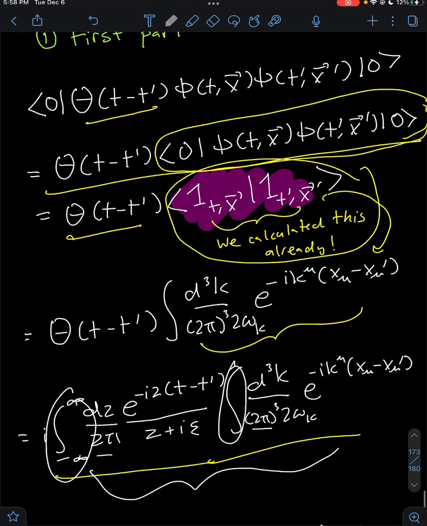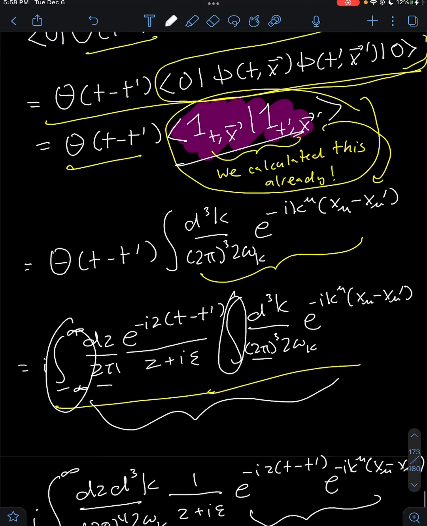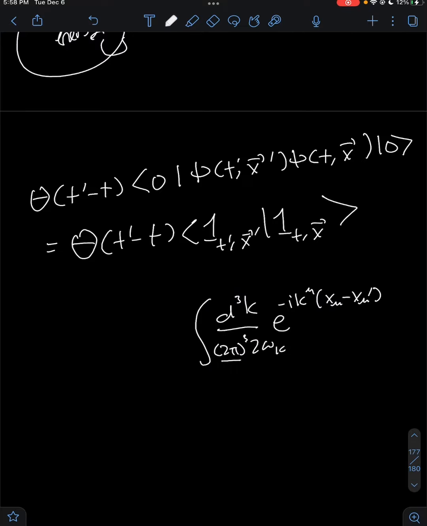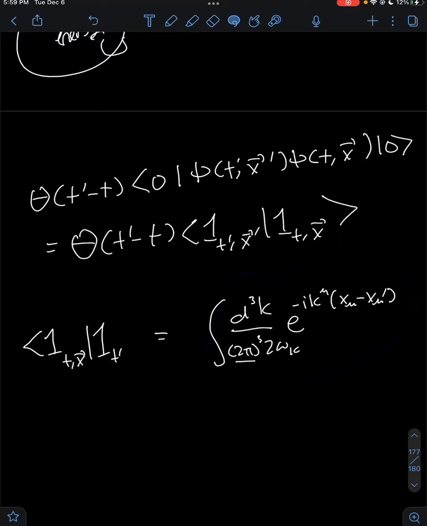So we found that this over here is equal to the inner product of t x with t prime x prime. But what we want to find out is the flopped version of that.